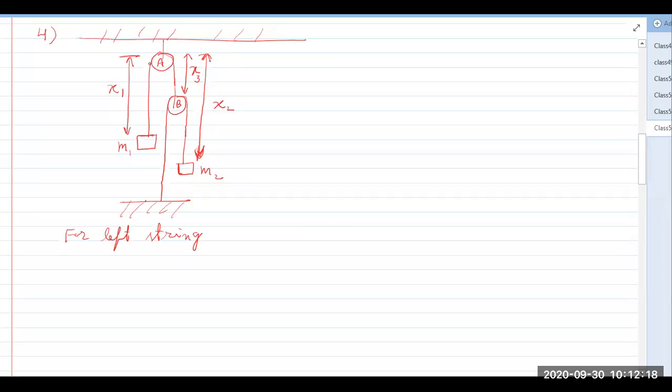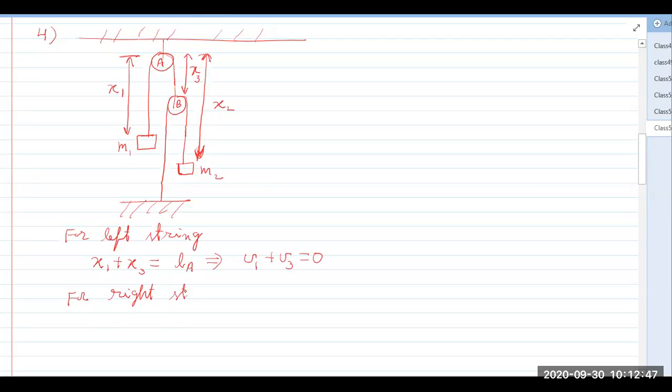The x1 from here to here, then x3. We can write x1 plus x3 equal to the length of string A, the string which is attached to pulley A. Okay. Now for the right string, after differentiating we can convert it. Suppose v1 plus v3 equal to 0 after differentiating.